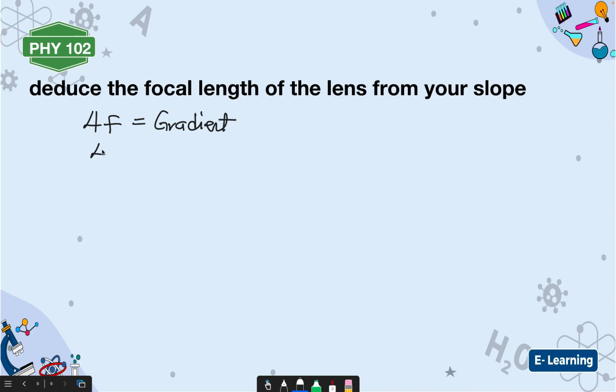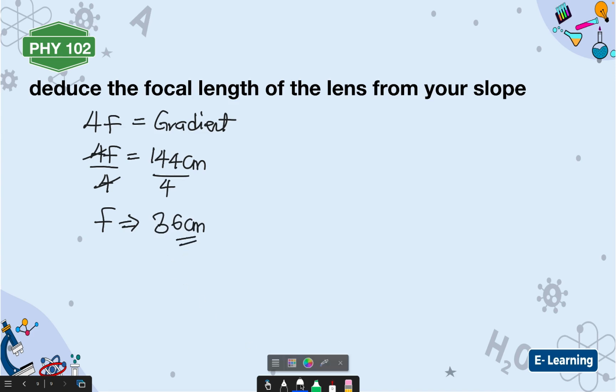All right. So 4f is 144 centimeter. Divide both sides by 4. This cancel this. Your focal length will be 144 divided by 4, which is 36 centimeters.